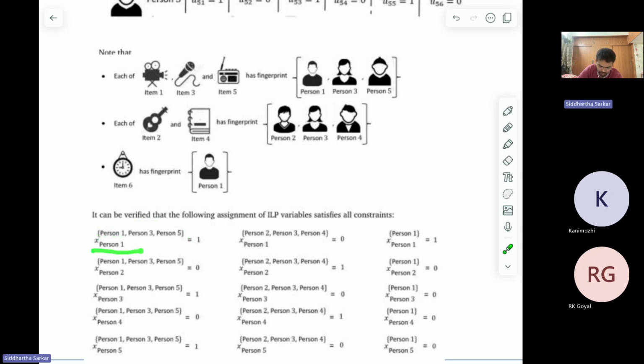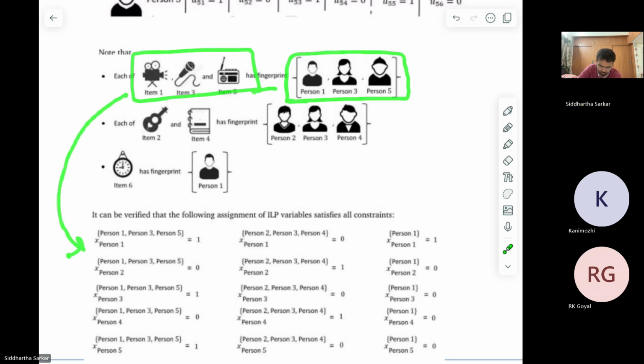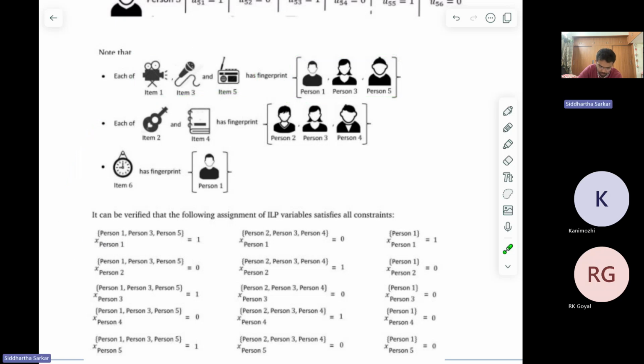When this variable is set to 1, that means an allocation is made from this pool of this fingerprint. Person 1, 3, 5 has this pool of items. One of the items from this pool has been allocated to person 1, but person 2 has not received an item from this pool.